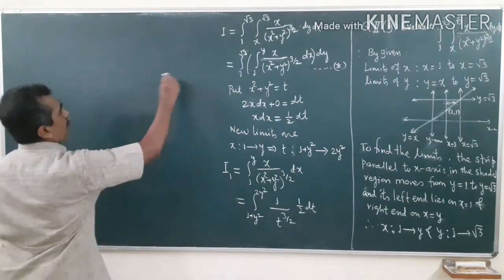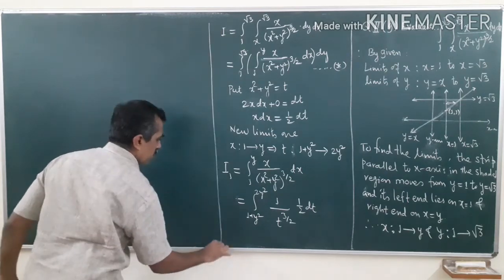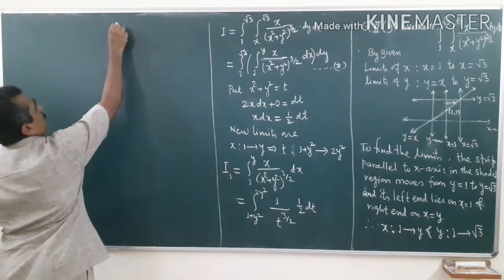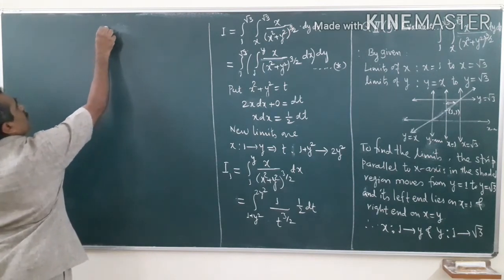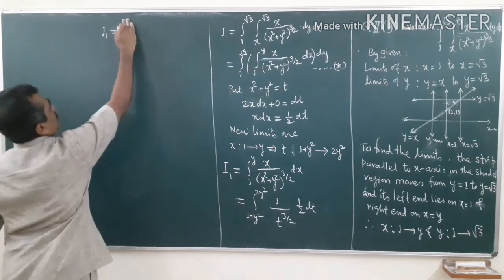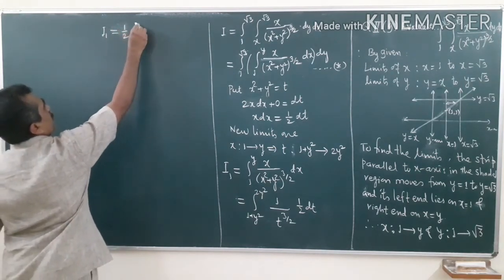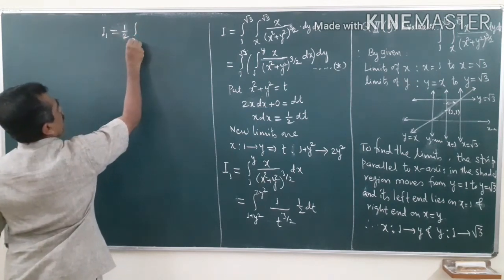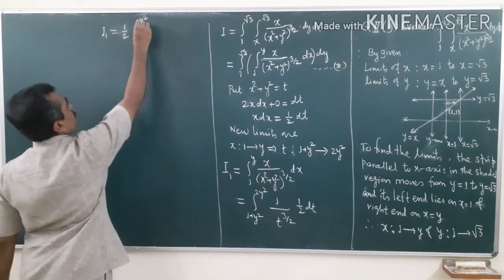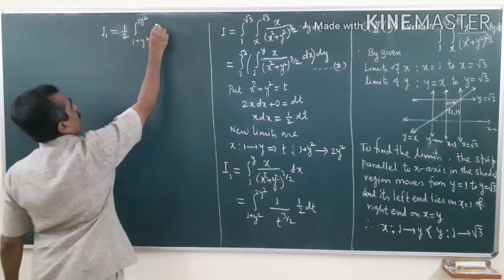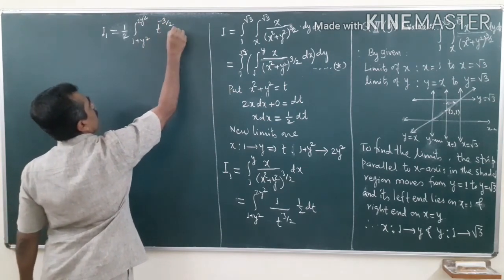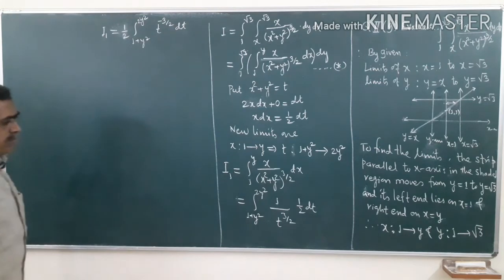So therefore I1 is equal to, I will simplify now. I will take half outside, then integral of 1 plus y square over 2y square, and this is t raised to minus 3 by 2 dt.